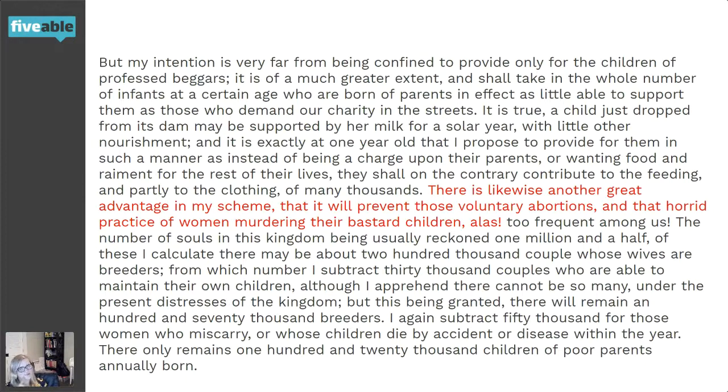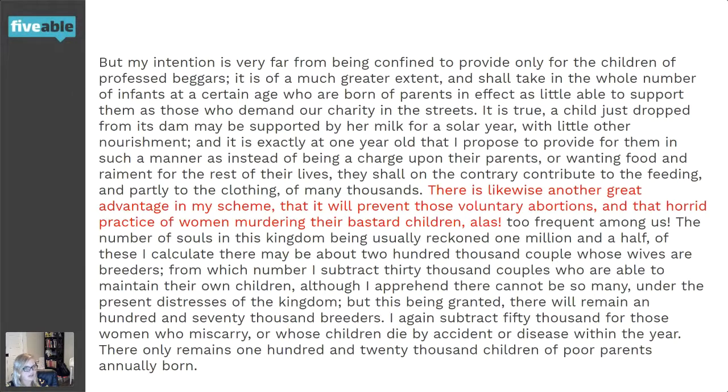Okay. Too frequent among us. The number of souls in the kingdom being usually reckoned one million and a half, of these I calculate there may be about two hundred thousand couples whose wives are breeders, from which number I subtract thirty thousand couples who are able to maintain their own children, though I apprehend there cannot be so many under the present distresses of the kingdom, but this being granted, there will remain one hundred and seventy thousand breeders.